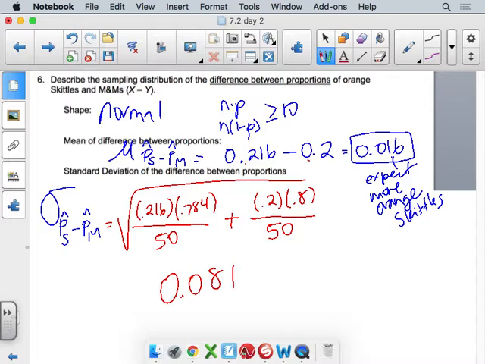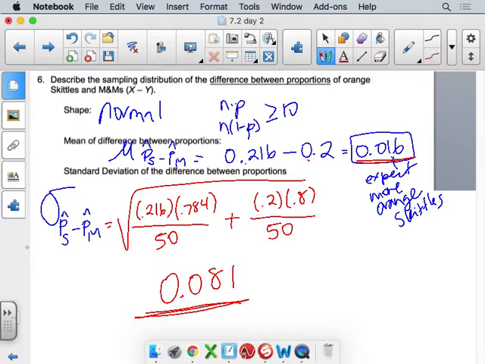So I expect to have 0.016 more Skittles, but I typically vary 0.081. So there's a good variation between the two. Like, obviously, there can be more orange M&Ms than Skittles. It's not crazy to have that happen in between the two.